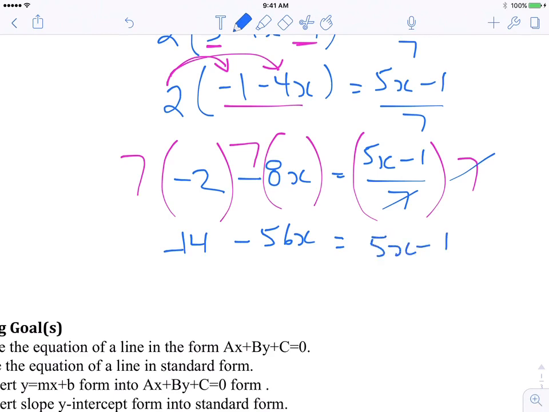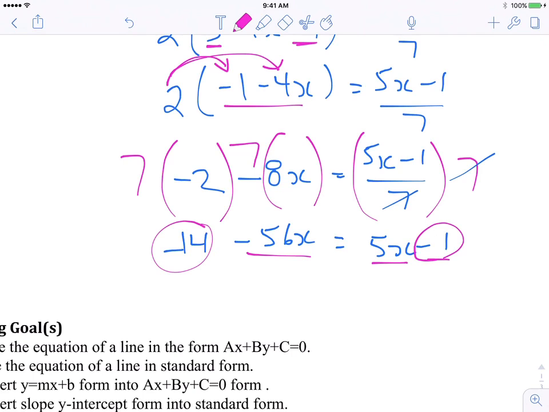We have like terms on opposite sides of the equation: a negative 56x here and a 5x there, and also the negative 1 and the negative 14. So we want to get our variables together. We're going to add 56x to both sides, and add 1 to both sides as well.